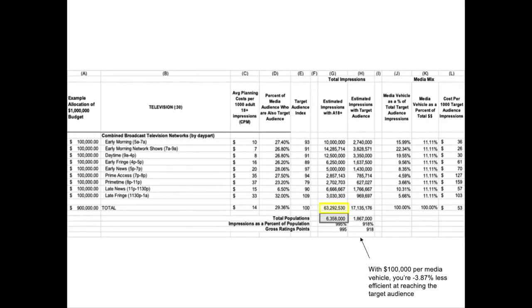This number is found by dividing the total number of adult 18 plus impressions, about 63.3 million, by the total adult 18 plus population of about 6.4 million. Notice that we can calculate GRPs for our target audience too, by dividing the target audience impressions by the target audience population. For our example target audience, GRPs dropped to 918.